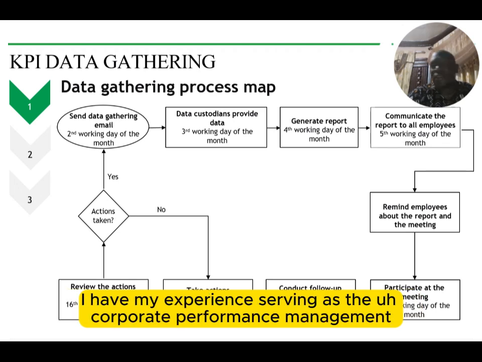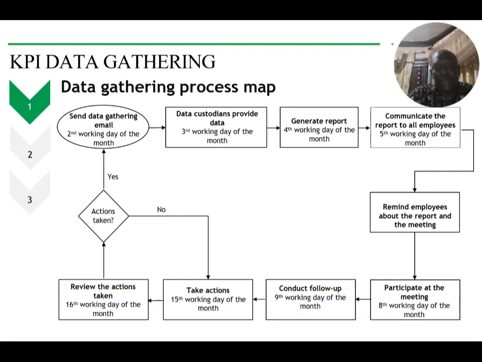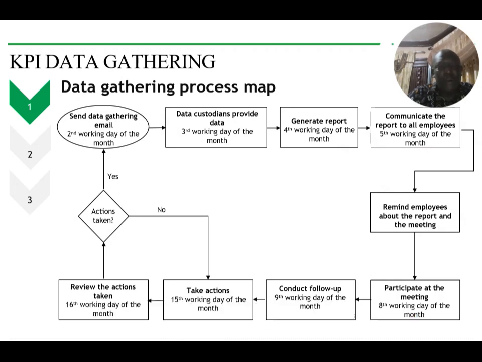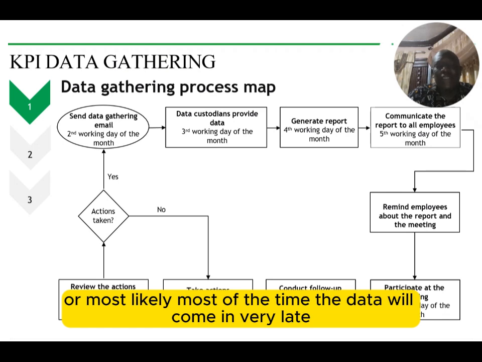I experienced this serving as the corporate performance management focal person, and we had about 8 to 9 KPIs, and there are certain KPI owners, certain departments, that most of the time, the data will come in very late.